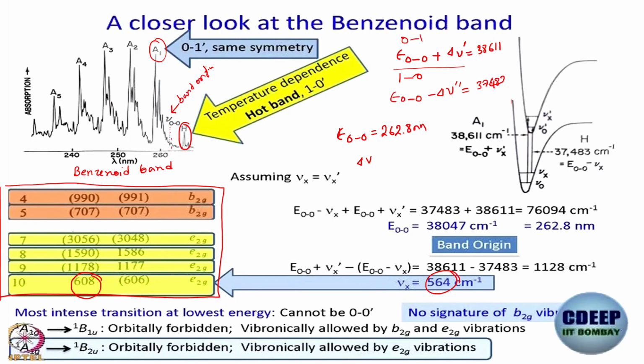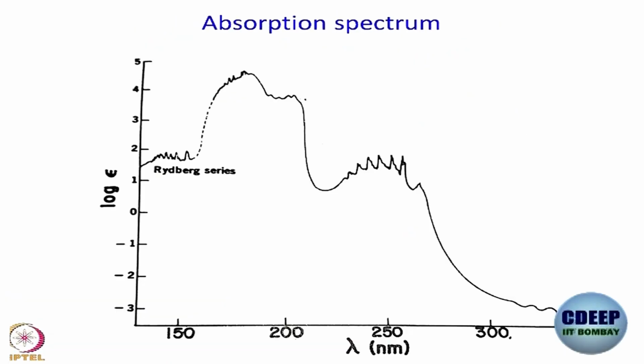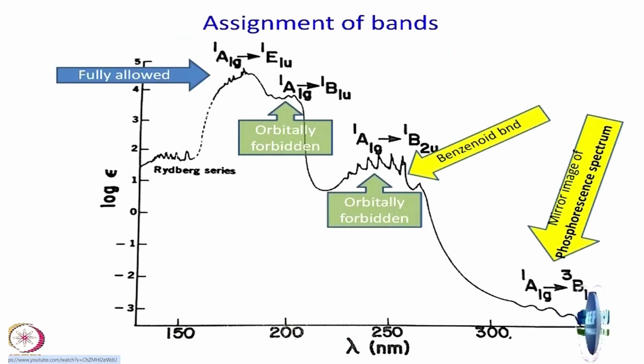And the B2G band is not there. So what are these bands? This is the fully allowed blue band, which is for singlet A1G to singlet E1U, and the second one is for singlet A1G to singlet B1U.